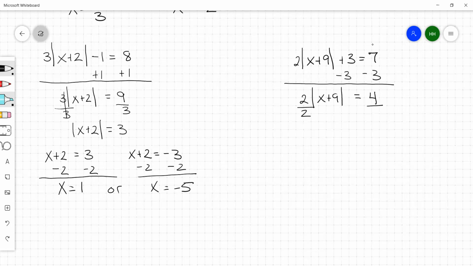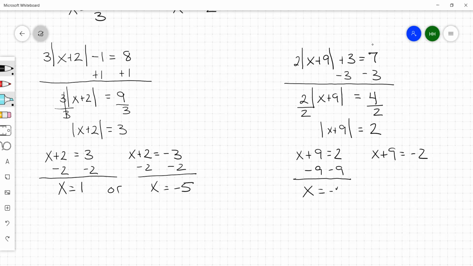Divide both sides by 2. The absolute value of x plus 9 is equal to 2. Rewrite the equation twice. So we get x plus 9 equals 2, and x plus 9 equals negative 2. Subtract 9 from each side. X equals negative 7, or x is equal to negative 11.